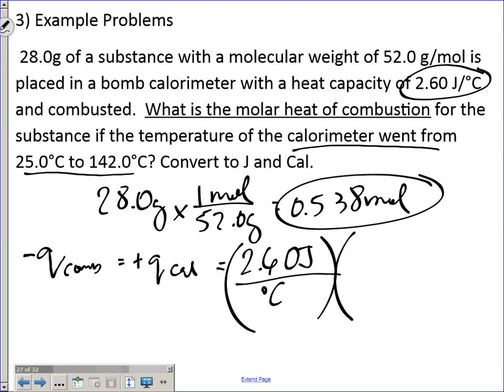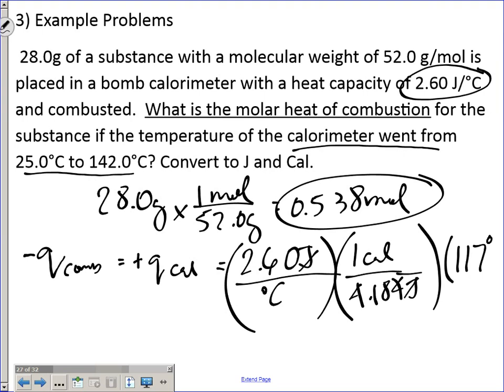Converted to calories, what's that conversion? 1 calorie over 4.184 joules. Okay, so that joule has canceled. And then I multiplied that by the temperature difference, 117, right? So the temperature difference, T final minus T initial, is a positive temperature change of 117.